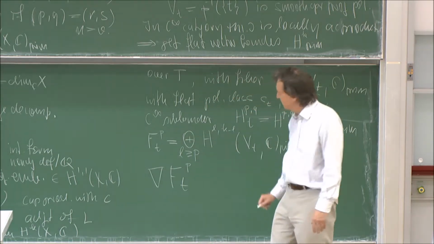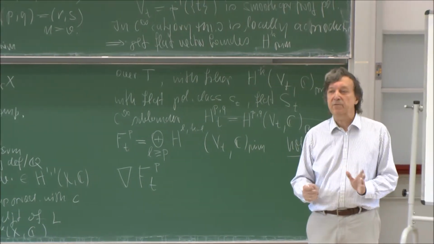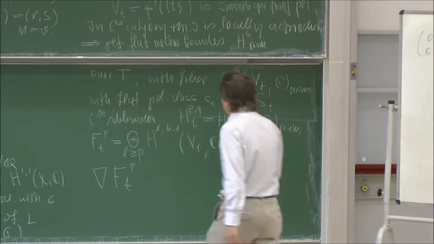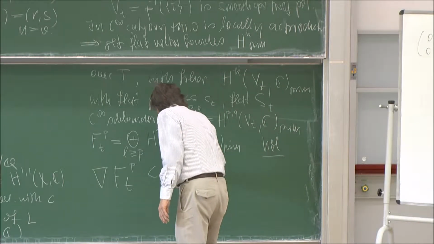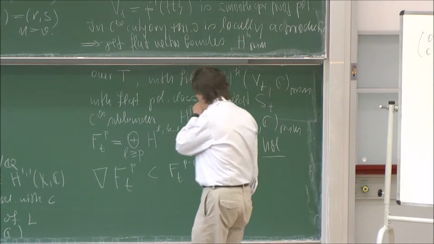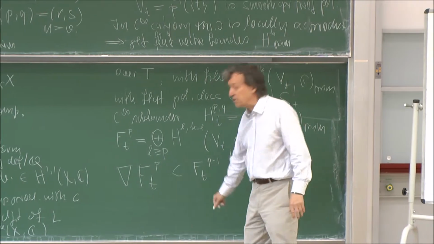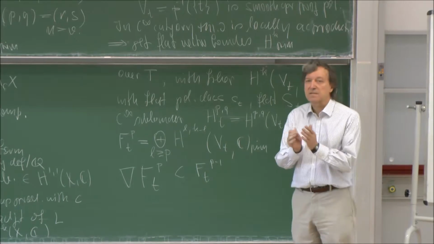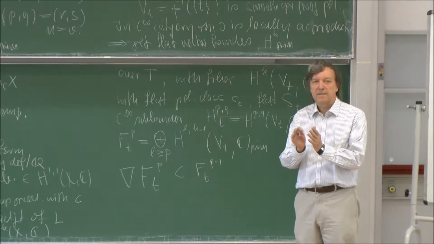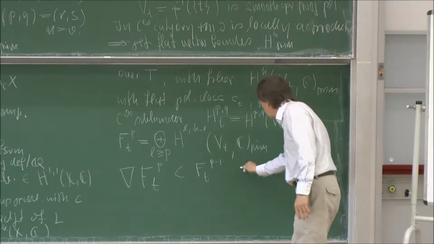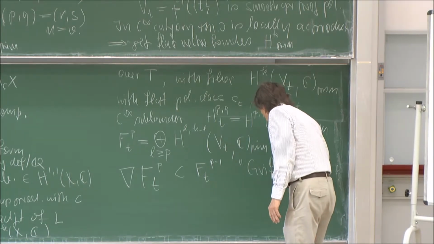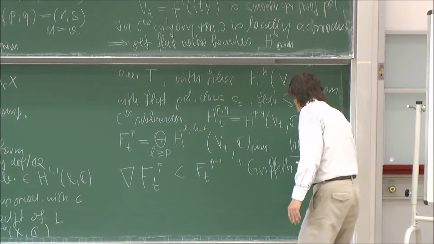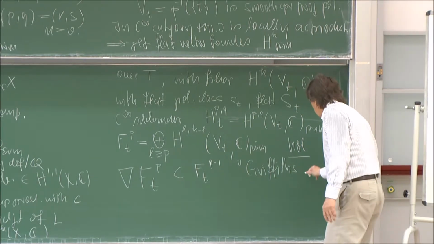Well, if you look at how this was defined, this is a decreasing filtration, and this ends up in F^{p-1}_t. So this is the next larger piece. So when you differentiate once, you spill over just one step. This was first studied by Griffiths, and this property is known as Griffiths transversality.